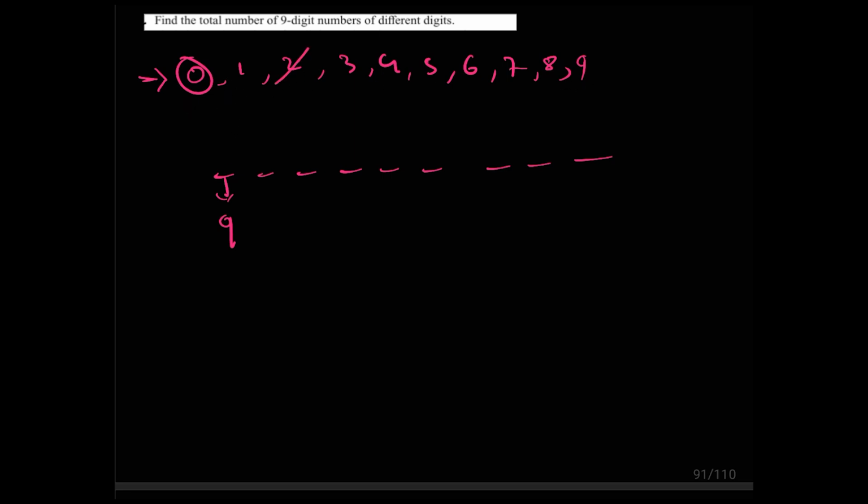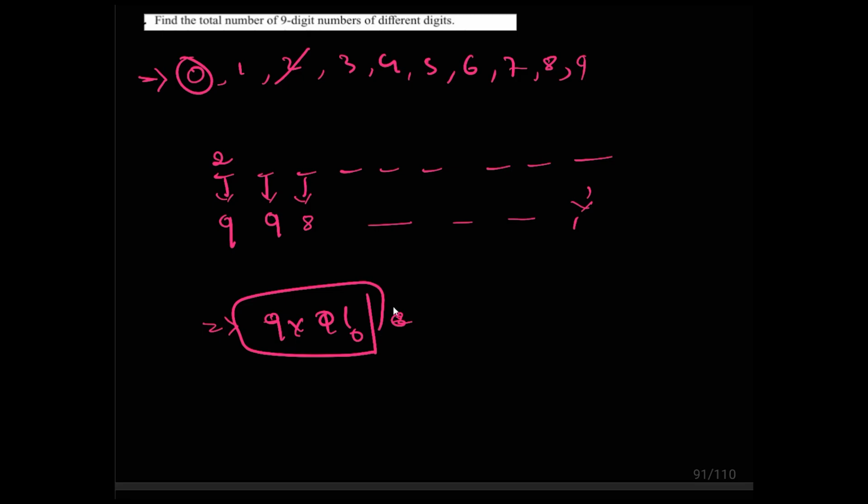So let us assume 2 is taken. Here it will be again 9, since here 0 can come. Here it is 8 and so on up to 1. That is, the number of total numbers will be 9 into 9 factorial. That's it. Therefore, the answer is 9 into 9 factorial.